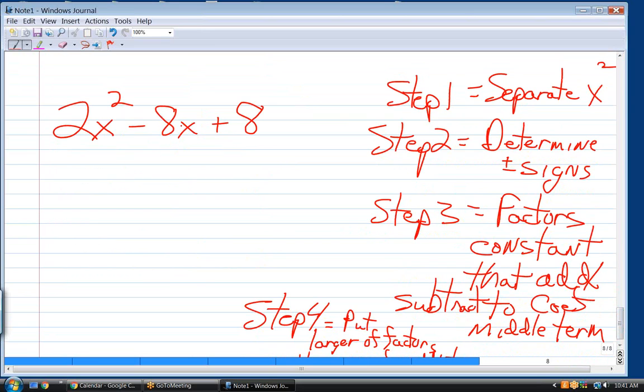What can I take out of all 3 terms? 8 does not divide into 2. Remember that in order to factor something out, it has to divide evenly into each of these terms. You're getting it backwards. With 2, then 2. 2 is correct. Okay, what does 2 leave behind?